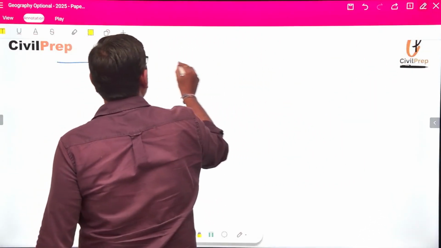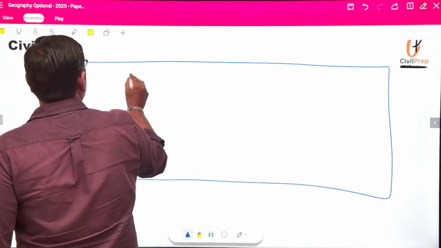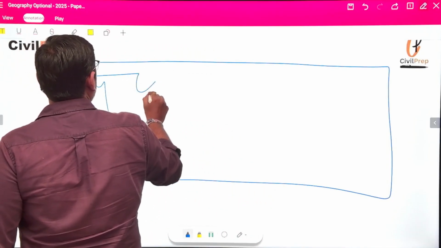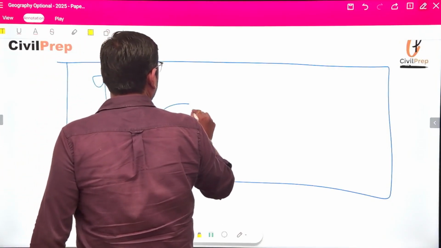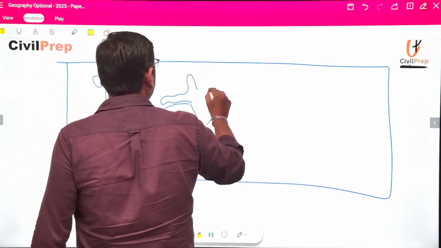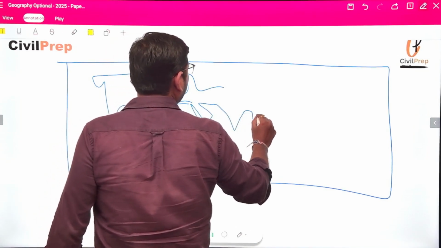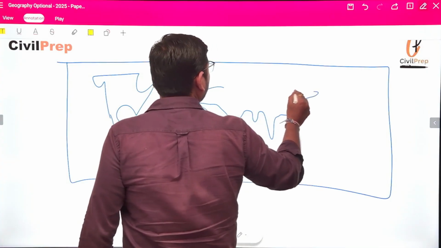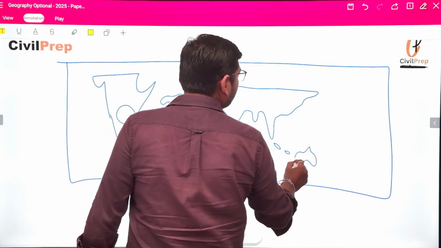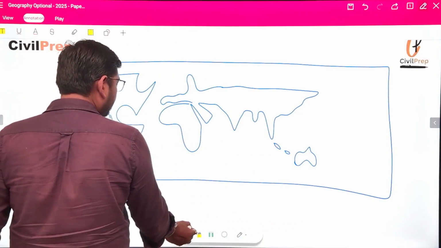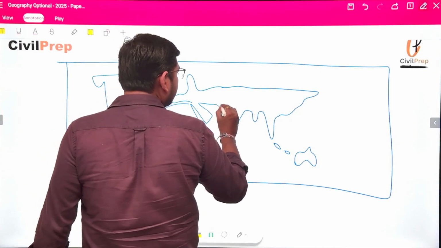here we can draw a map of the world, and here we can specify the various belts of the earth where this kind of nappes is present.